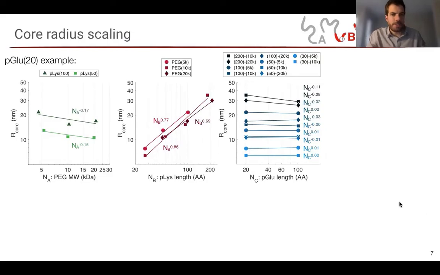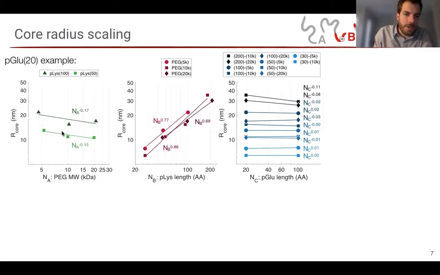This is the first example. This is core radius, so this comes from small angle X-ray scattering. And I'm basically plotting the size here versus the length of each block. So this might be kind of cut off here, but this is the A neutral block, the B block, the block polymer, and then C is the homopolymer length.